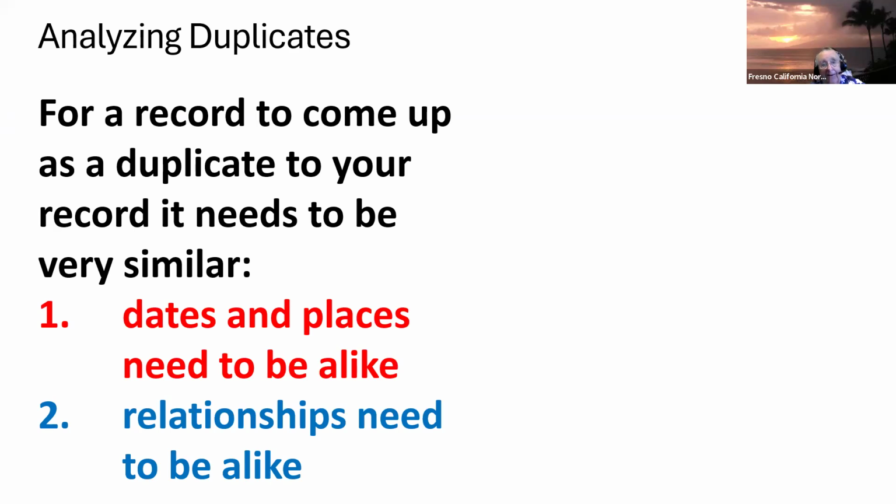Okay, and analyzing duplicates, the thing you have to realize is you're working against a mathematical formula. They have what they call an algorithm, where they take all the parts of the person's record, their name, the dates, the places, the relationships, and they score the two records, the primary record and the one that might be a duplicate, based on how alike they are.